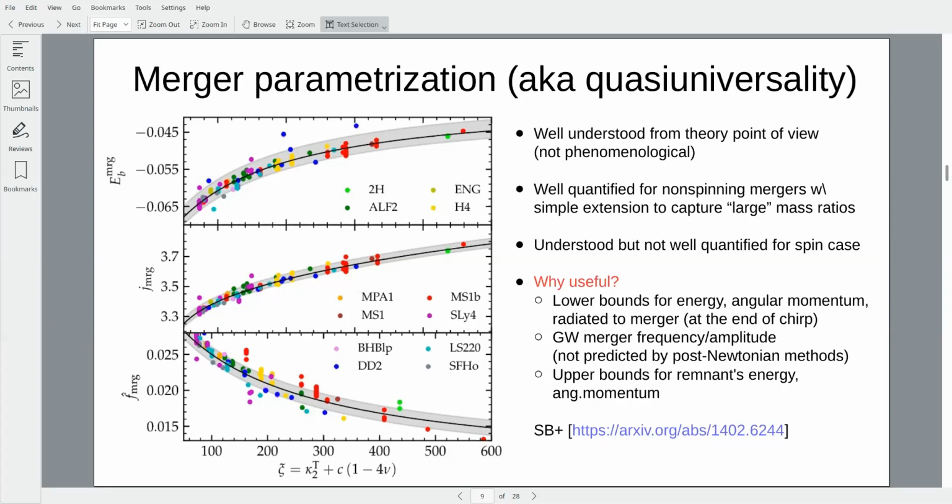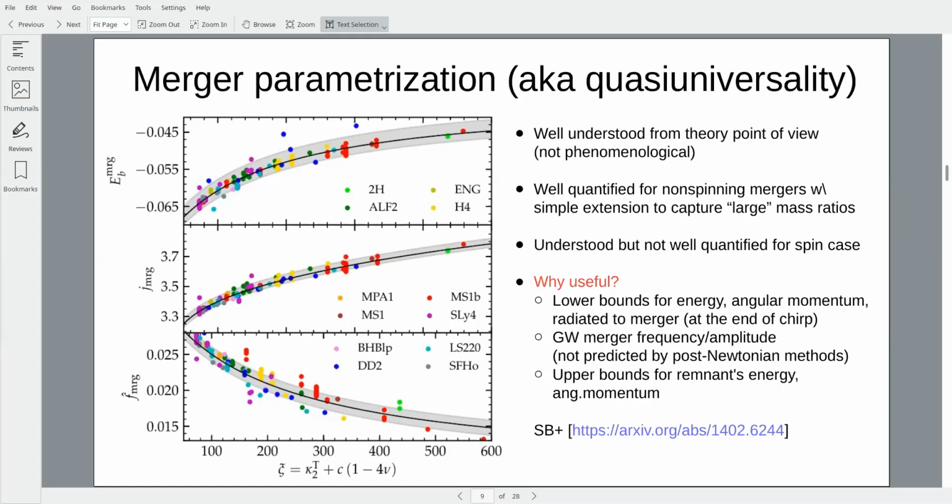Of course, the equation of state information is there, and it is precisely in this tidal parameter. What one really means is that all the information the equation of state brings is just summarized by this order parameter, the tidal parameter.